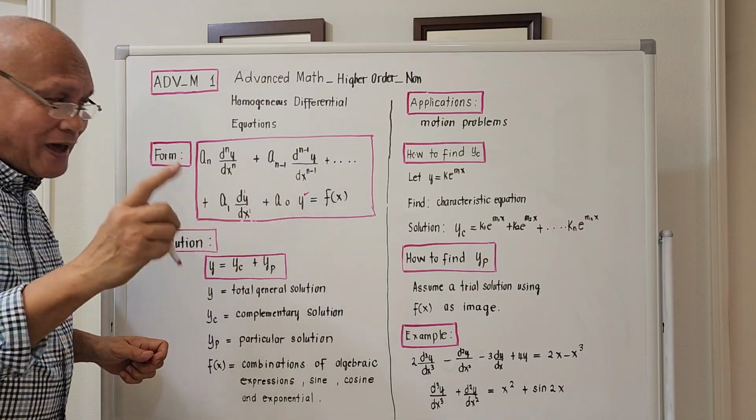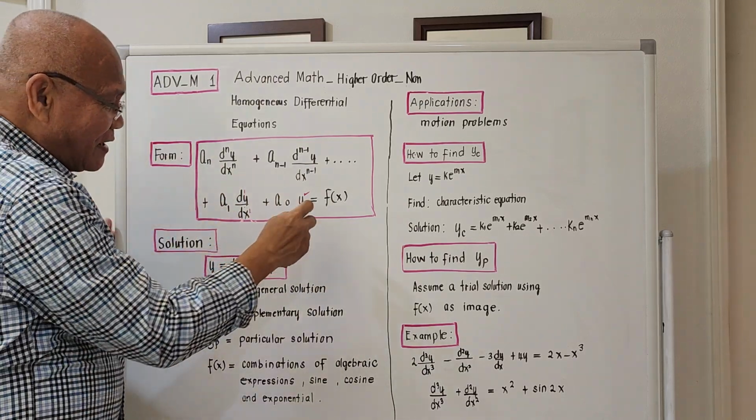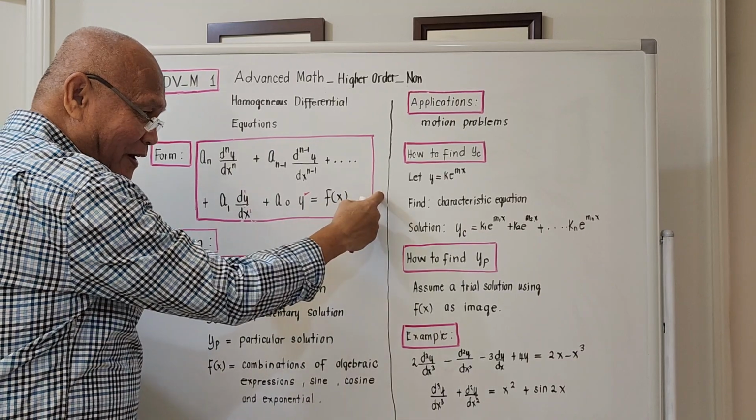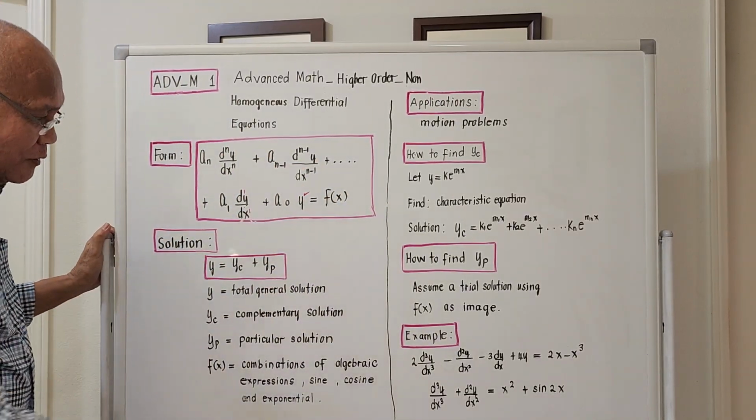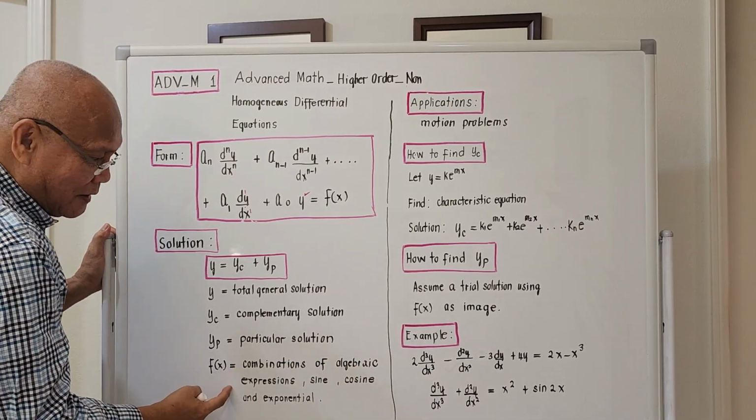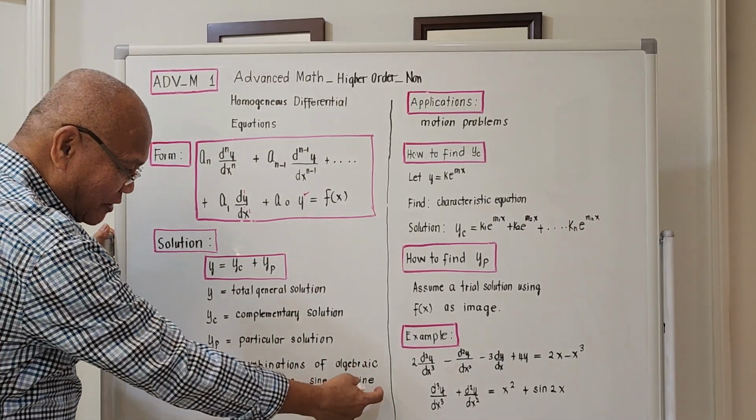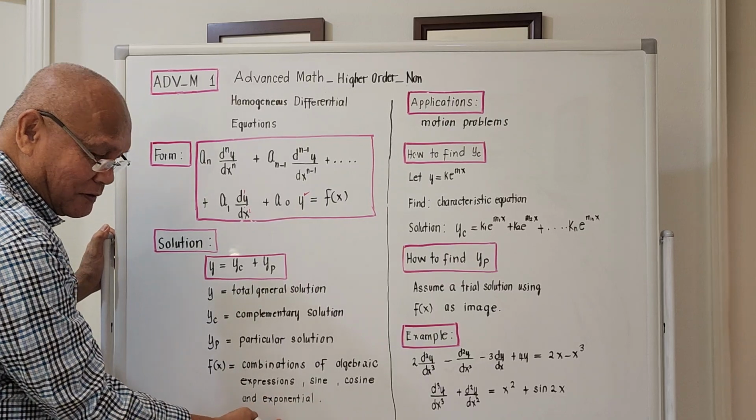And for it to be non-homogeneous, the right-hand side should be a function of x, and that function of x could be a combination of algebraic expression, a sine function, a cosine function, and exponential function.